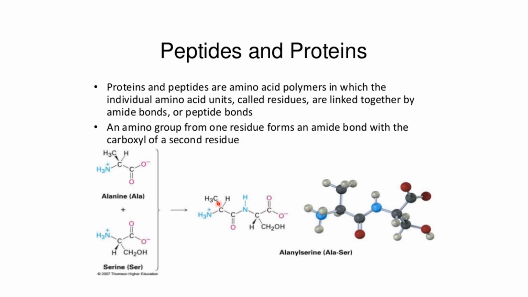So the amino group of this residue and the carboxylic group of this residue come together and give rise to what we call a peptide bond or amide bond. So this is nothing but a peptide linkage, or you can call it a peptide bond. When you talk about carbohydrates, you have glycosidic linkages. But when you talk about proteins, you have peptide bonds or amide bonds.